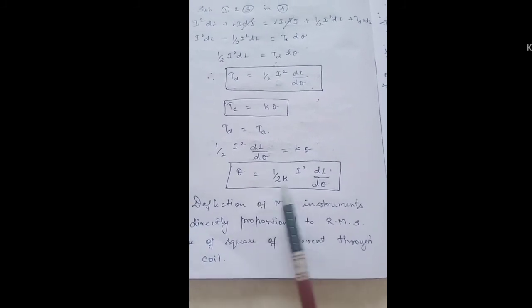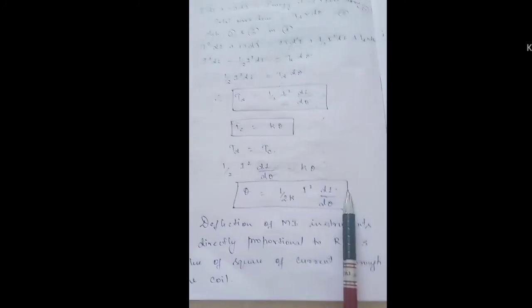On equating these terms, we get θ equal to 1 by 2K I² dL by dθ. So the deflection of the pointer is directly proportional to the square of the RMS value of current entering into the coil. This is the operation of an MI instrument.